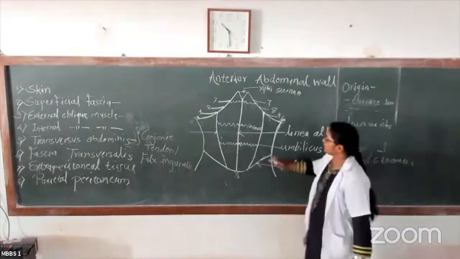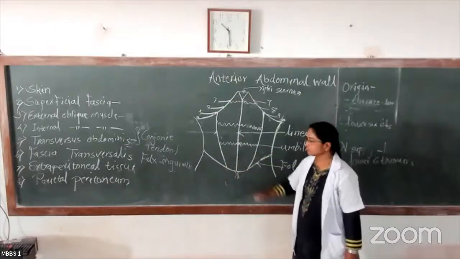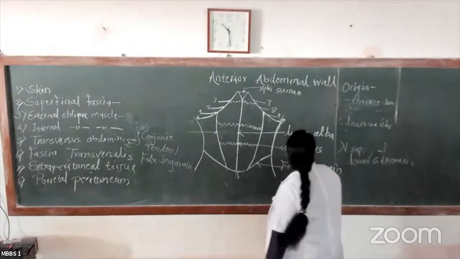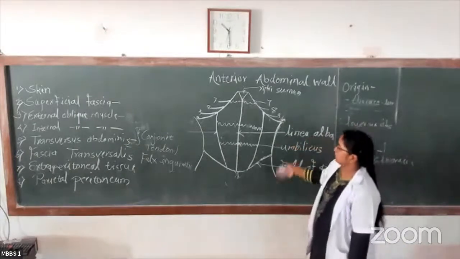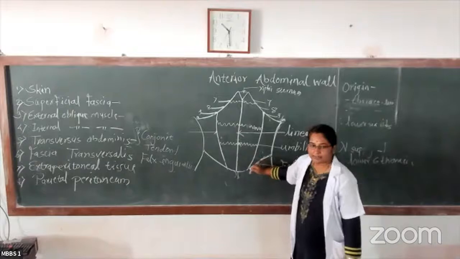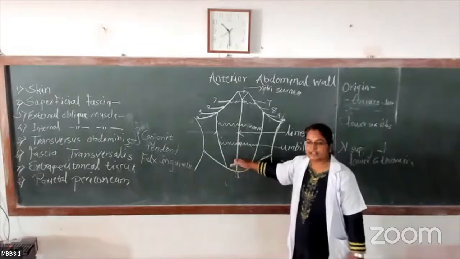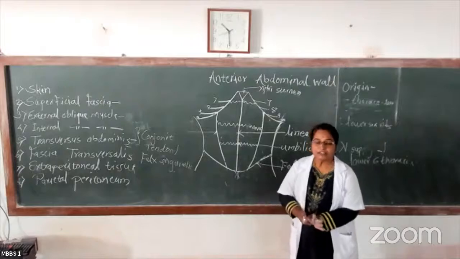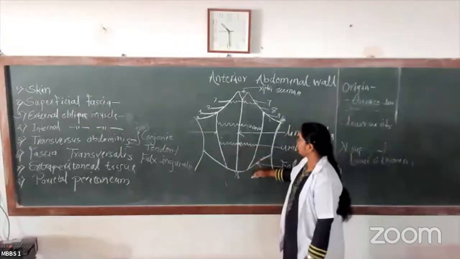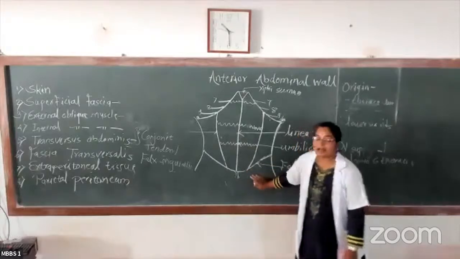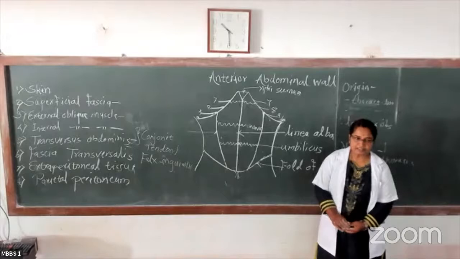Now these fibers run transversely or horizontally, and they are inserted as follows. The inguinal fibers first run upwards, arch over the inguinal canal, thus forming the roof of the inguinal canal, and then descend and are inserted on the pubic crest and pectineal pubis.